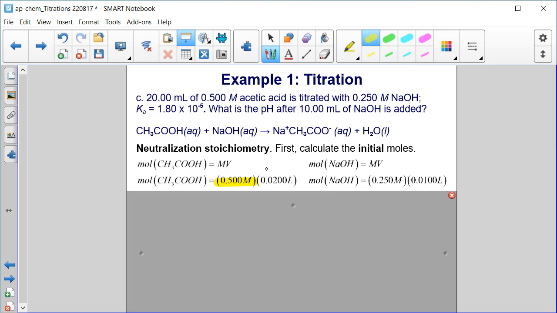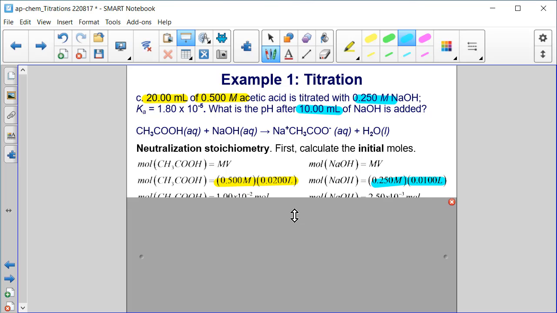So the initial concentration of the acid multiplied by the initial volume of the acid. Same thing for the base: the initial concentration of the base multiplied by the volume of the base added. Okay, so that gives us our moles of acid and our moles of base.